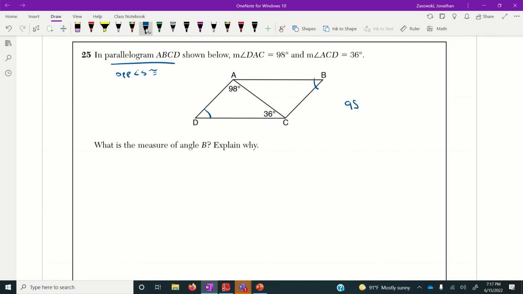So we can do some work off to the side just to figure out what the measure is. So 98 plus 36, this is 14, carry the 1, this is 134. And then 180 minus 134, that's like 150, but 4 less, so that should be 46, right?